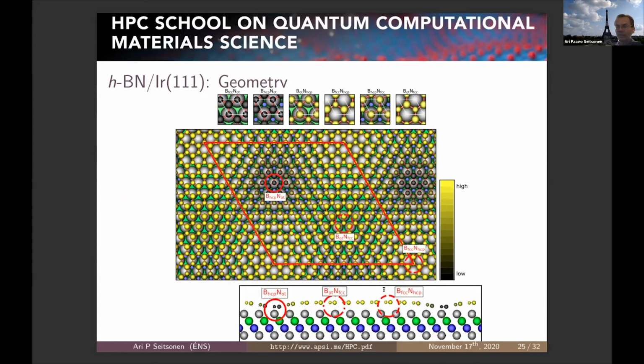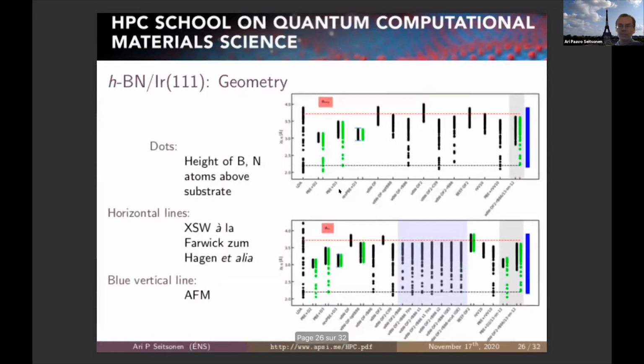And the other regions where the nitrogen is not on top, the bond is weaker, so it's more like the van der Waals interaction. And then we get this difference in the height, or this corrugation. So this comes from the moiré, that we have different so-called lateral registries in these parts and the other parts. The color code here is the height. So that gives the moiré or the corrugation.